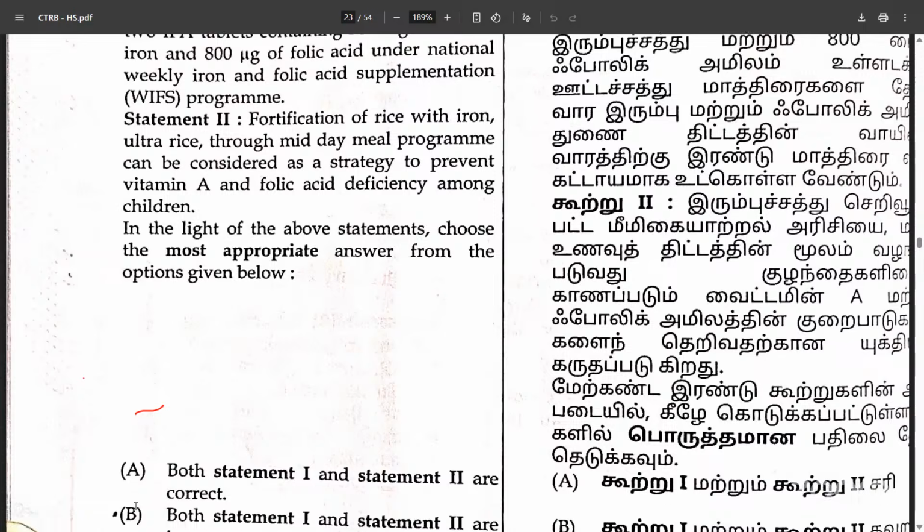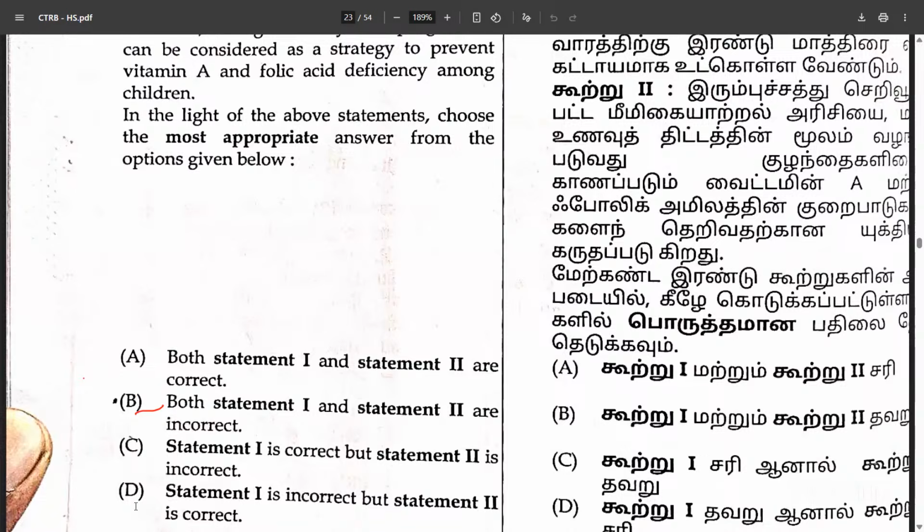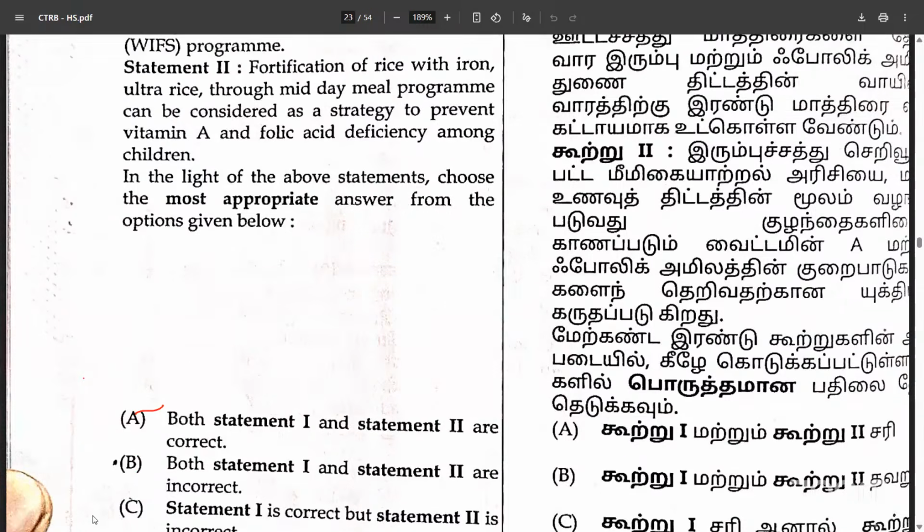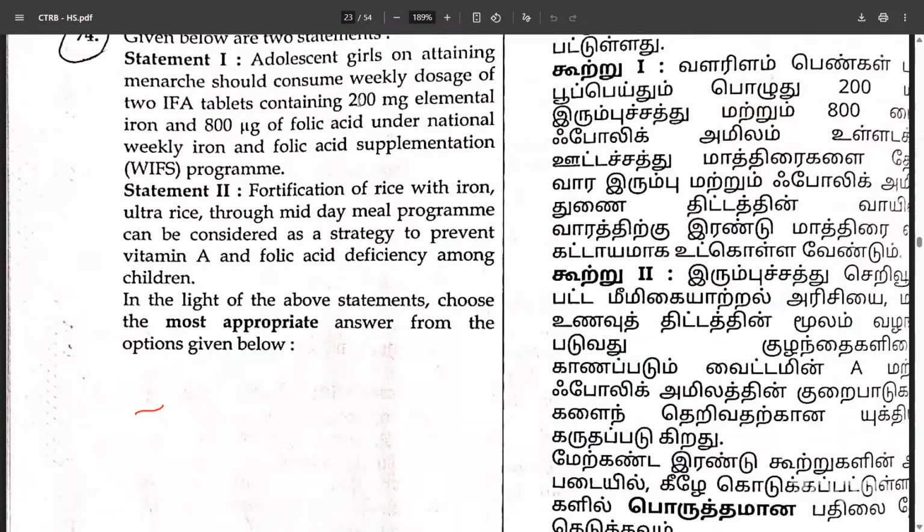So here both the statements are actually incorrect, because the National Weekly Iron and Folic Acid Supplementation Program for adolescent girls recommends a weekly dose of 100 mg, not 200 mg, of iron and 500 mcg of folic acid. So the value is written wrong. It should be 100 and it should be 500.